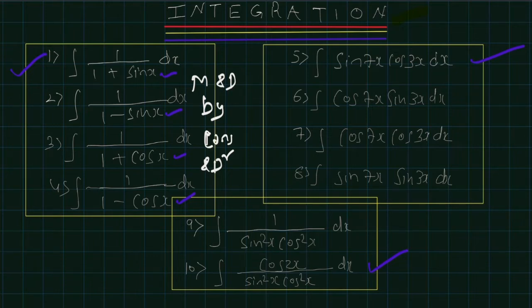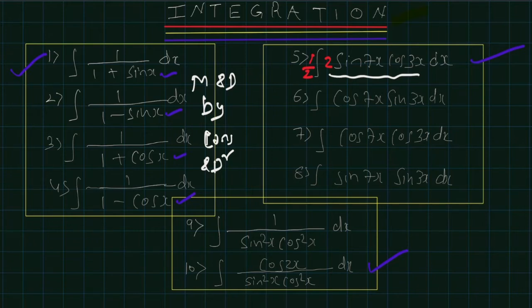Next, questions number 5, 6, 7, 8 are also categorized separately. What to do here? You just need to remember that if you multiply and divide by 2, you get something like 2 sin A cos B. Do you remember the formula for 2 sin A cos B? Yes, some people are managing to recall.